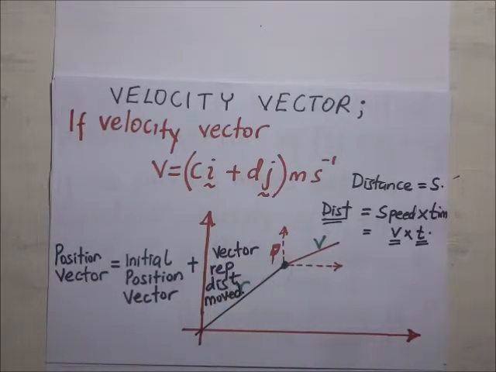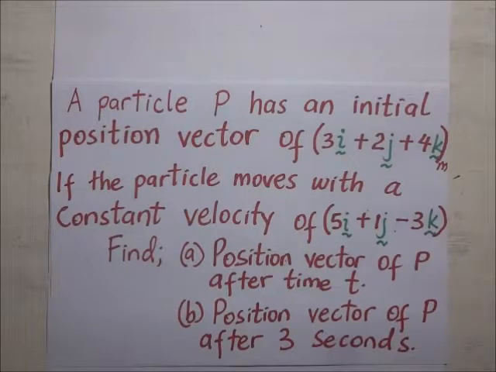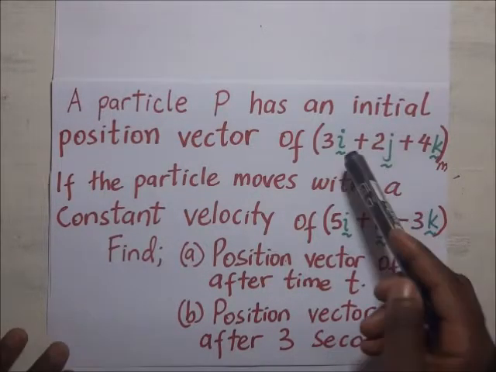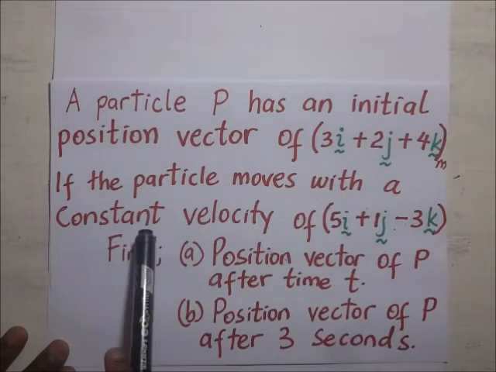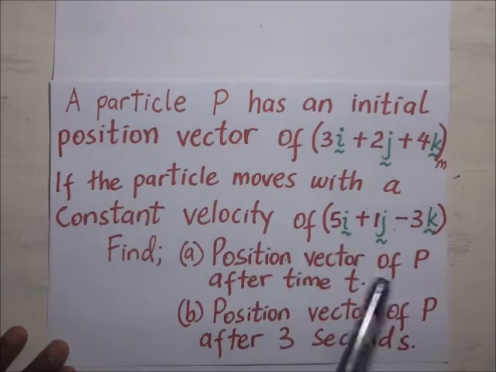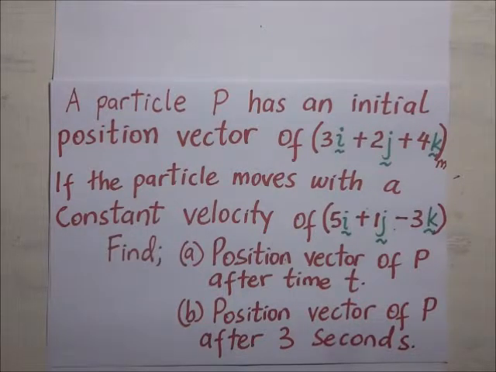Let's illustrate this using an example. We have a particle with an initial position vector, and the particle moves with a constant velocity. Find the position vector of p after a certain time t. So we want to find the new position vector after the particle has moved for some time.